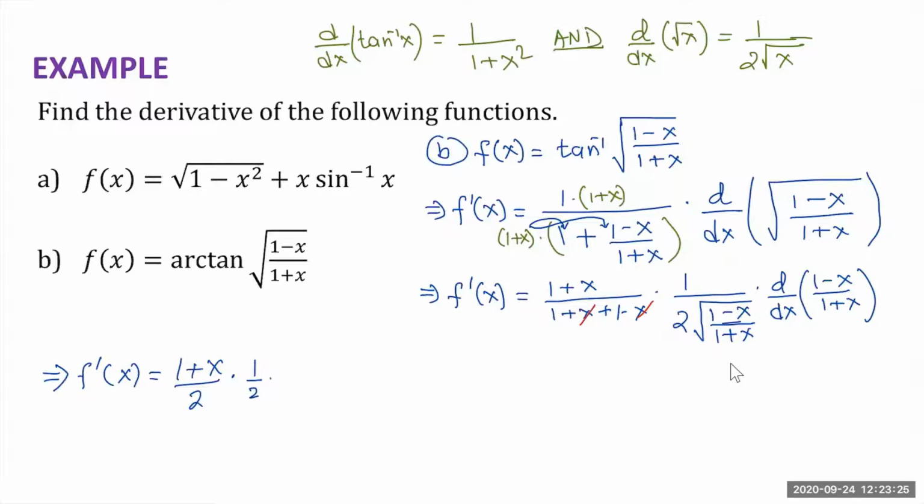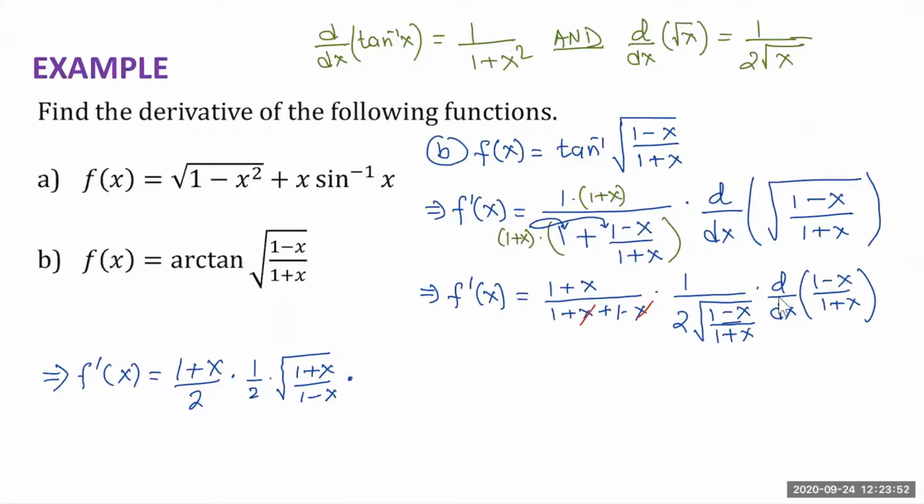So I can rewrite that as 1 plus x over 1 minus x. If I want to write this without 1 over, the fraction will flip. So it will be the square root of 1 plus x over 1 minus x. Then multiply by 2. Okay, I'm done with the first one. I'm done with the second one.